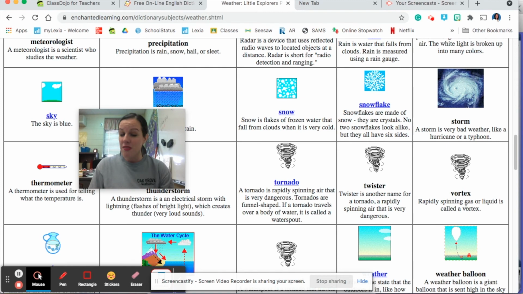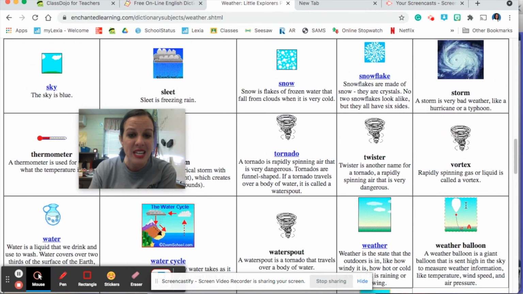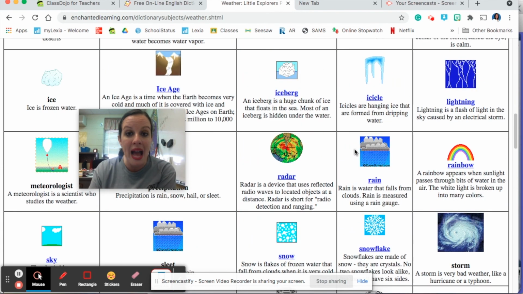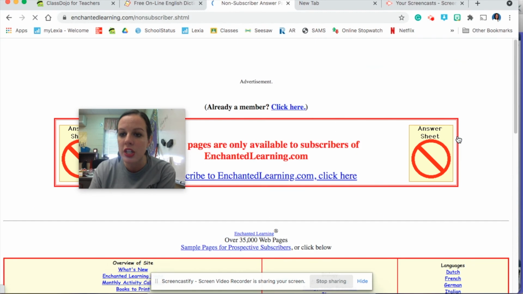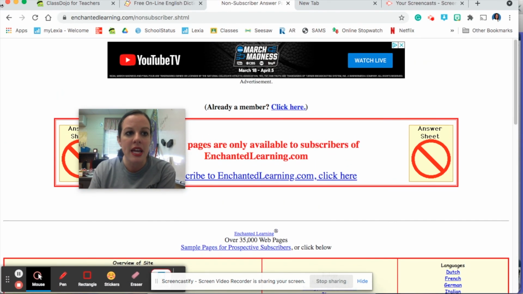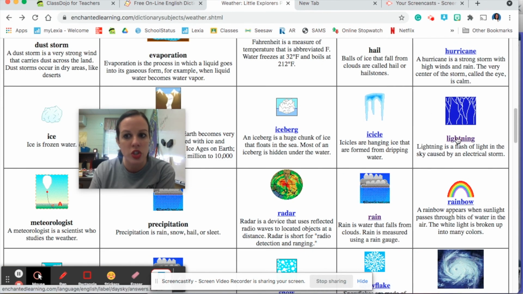I bet that if Miss Morris said write about weather after you had explored this website, you would be using amazing words. Not only would you know how to spell these words, but you'd also know what they look like. So come over here to lightning. Let's say you wanted to include the word lightning. When you click on that word, it says that it wants you to pay for a subscription to the website.